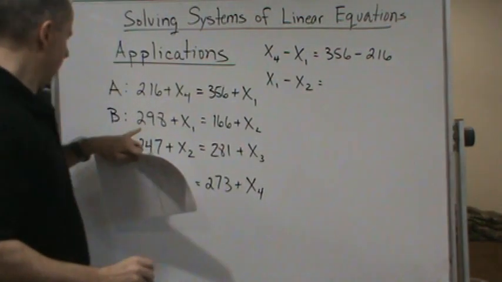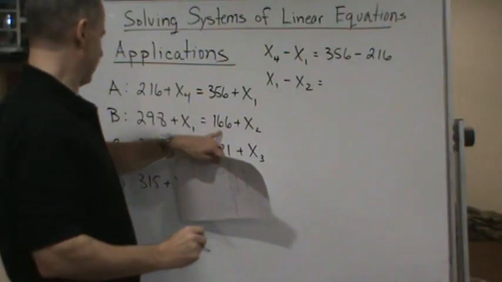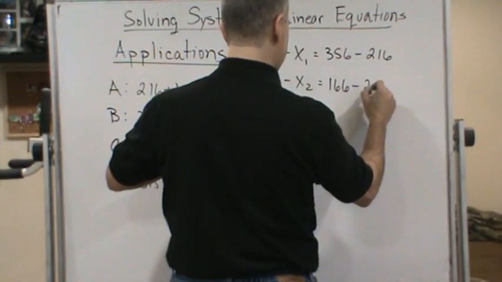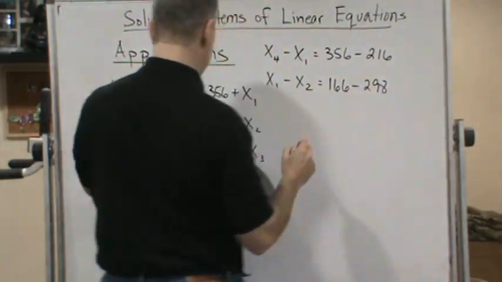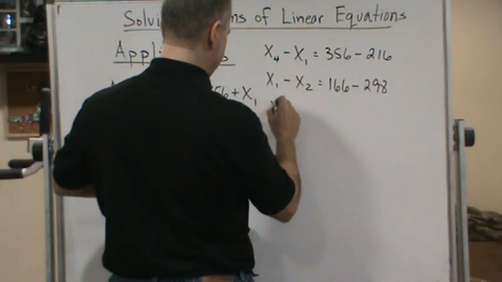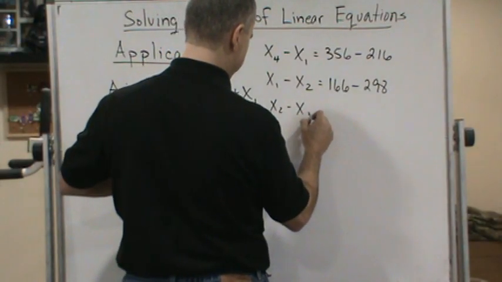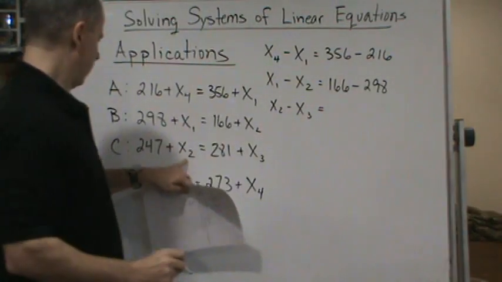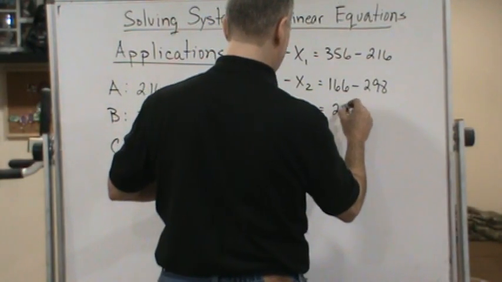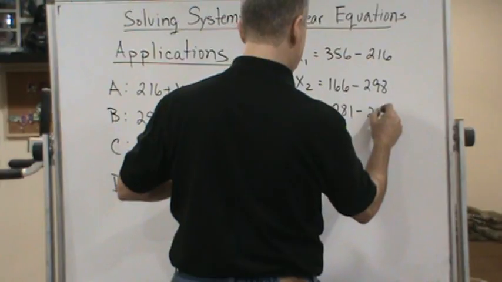It is going to equal 166 minus 298. And then the third one's going to give me X2 minus X3 is going to equal 281 minus 247.